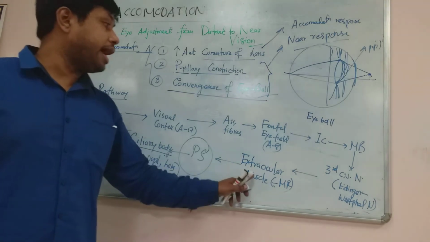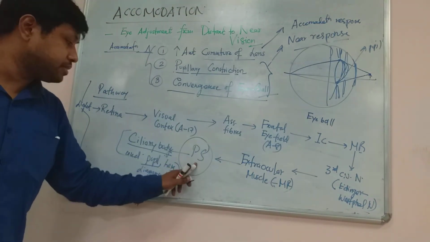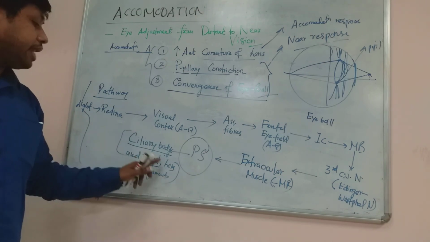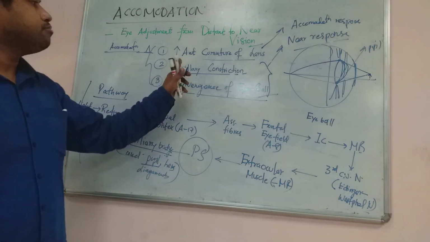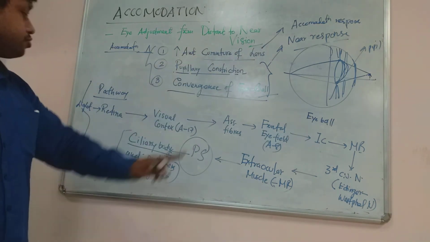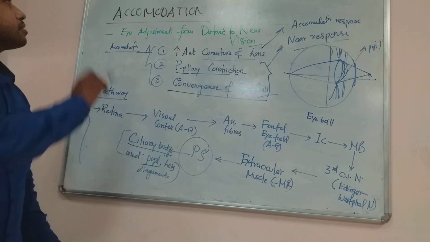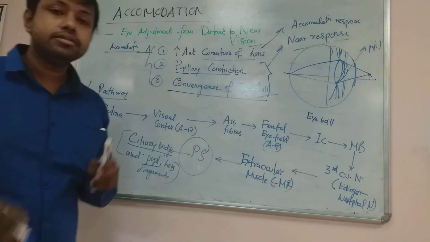Once there is eyeball convergence, it passes the information through the parasympathetic pathway to the ciliary body, pupil, and lens ligament, which is responsible for pupillary constriction and increased anterior curvature of lens. So this is the pathway by which accommodation occurs in human beings.